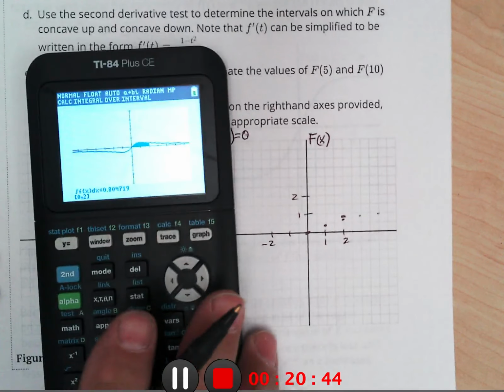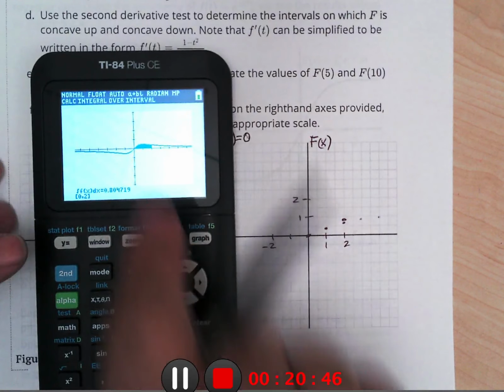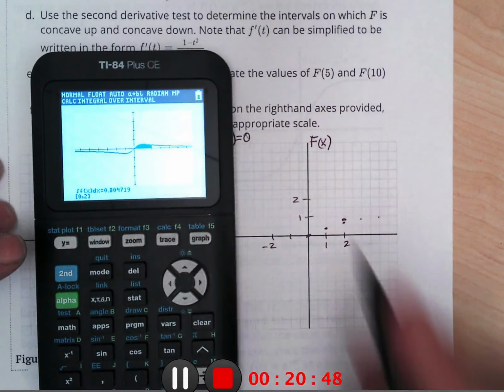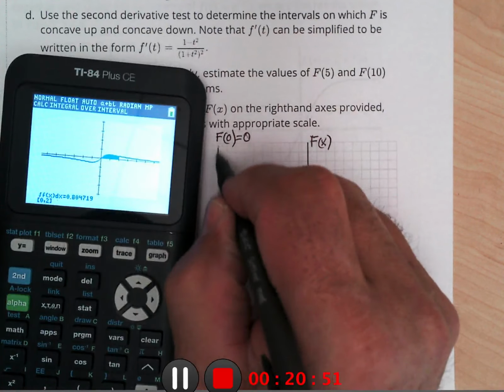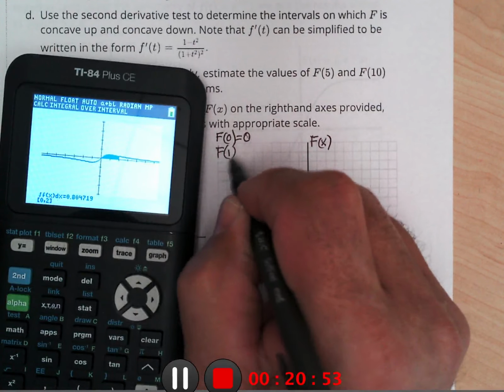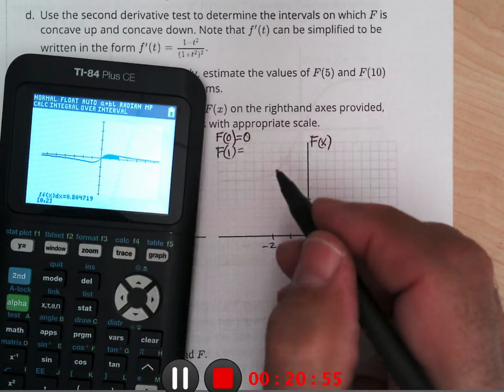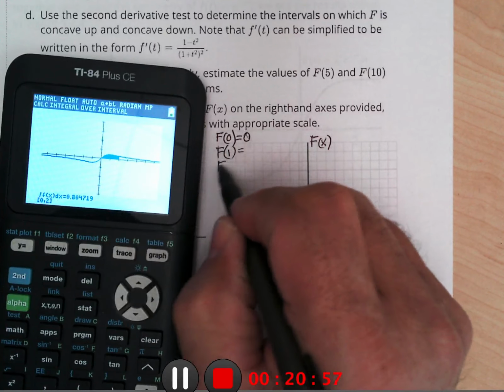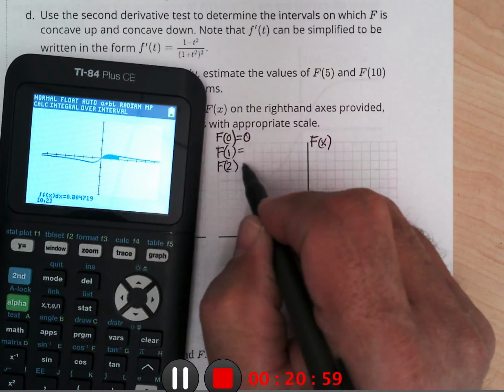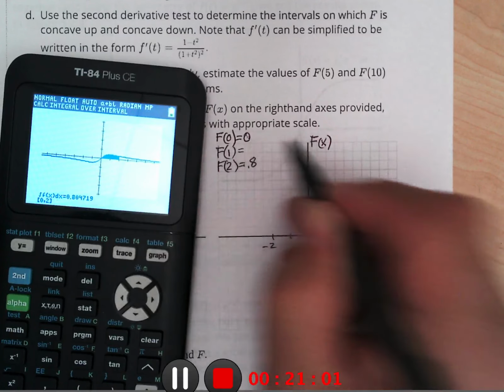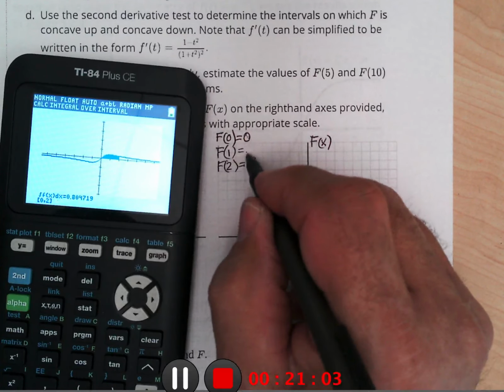And now let's go from 0 to 3 to find F of 3. So F of 1 was, I forget, F of 2 I still have is 0.8, F of 1 was 0.3 something.